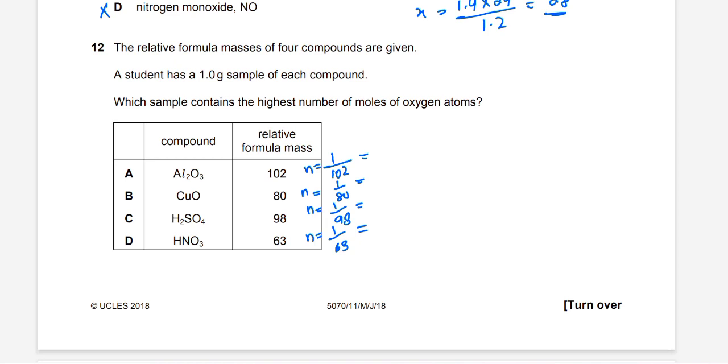One divided by 102 becomes 0.0098, and then 1 divided by 80 becomes 0.0125, then 1 divided by 98 becomes 0.010, and 1 divided by 63 becomes 0.015.